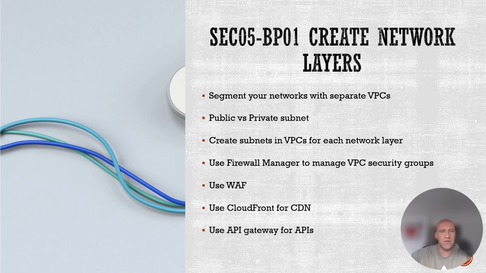We also use Firewall Manager to manage our VPC security groups. We also use Web Application Firewall, CloudFront for CDN, and API Gateway for our APIs. Group components that share sensitivity requirements into layers to minimize the potential scope of impact of unauthorized access.